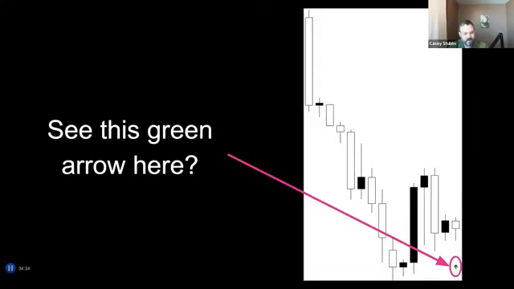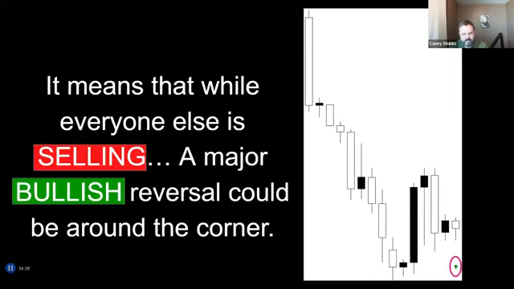You see this green arrow here? It means that while everyone else is selling, a major bullish reversal could be around the corner. Everybody was selling, but the tipping point indicator was giving us a clue.